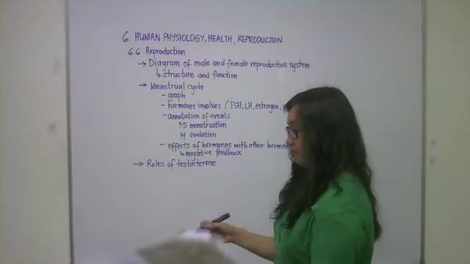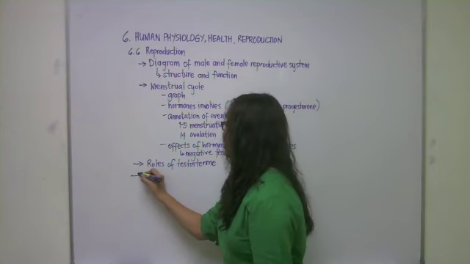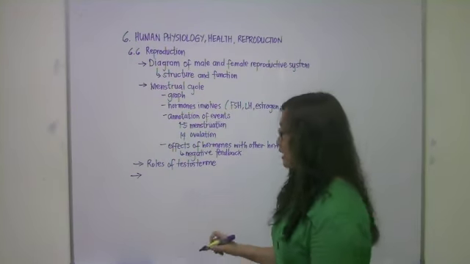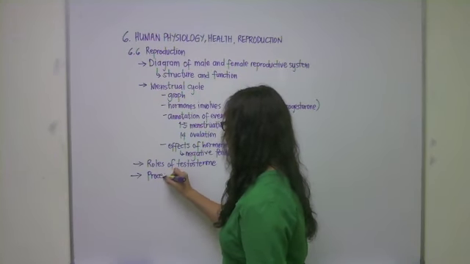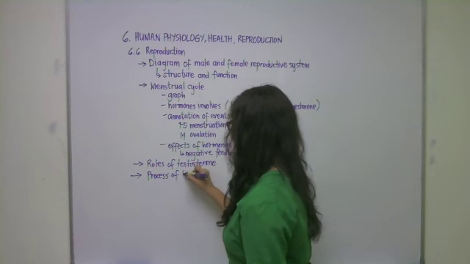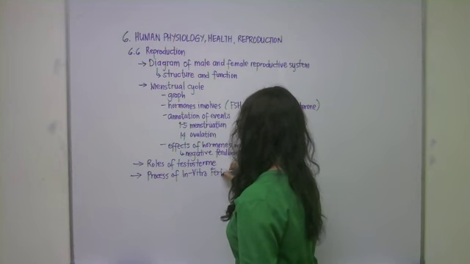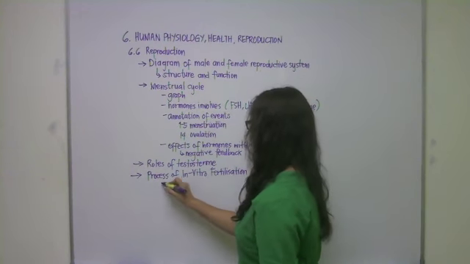Okay, so the next area that we need to discuss under reproduction is the process of in vitro fertilization. So in the case of in vitro fertilization, we have to explain the significance of this process.